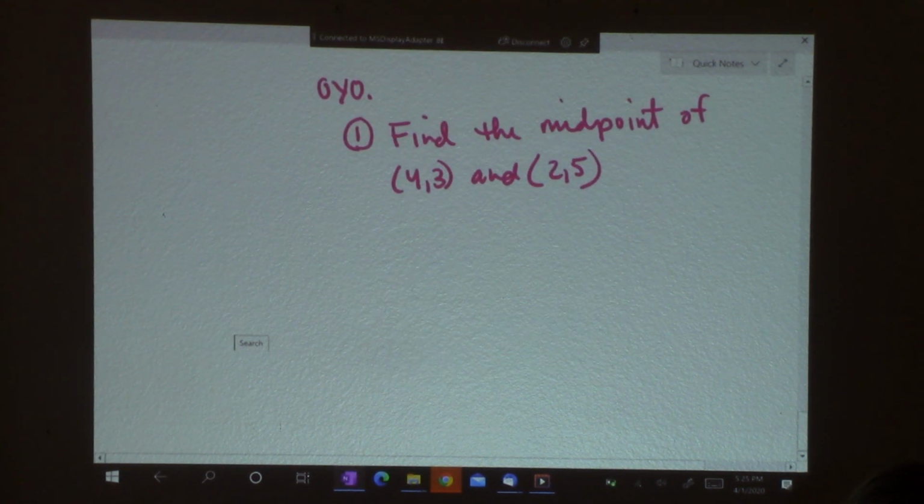Okay, I will give you a minute to use that formula to figure it out, and then we'll be finished.